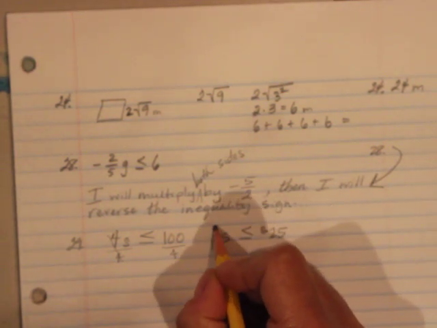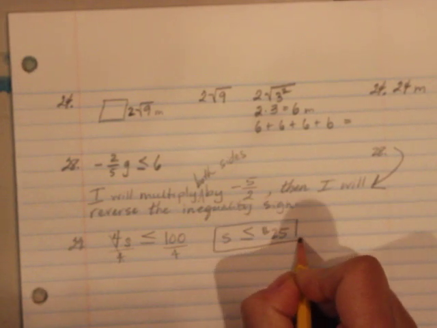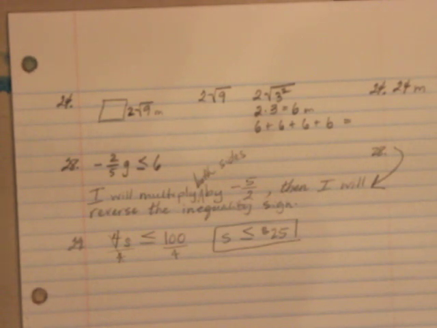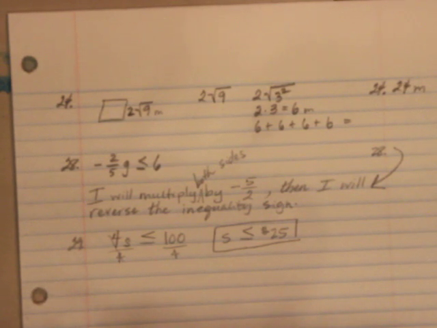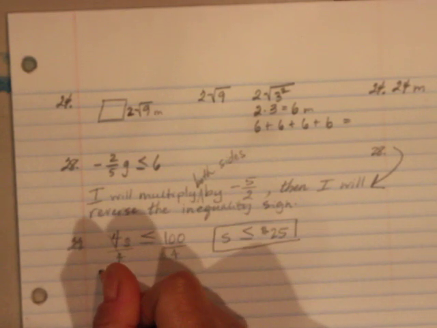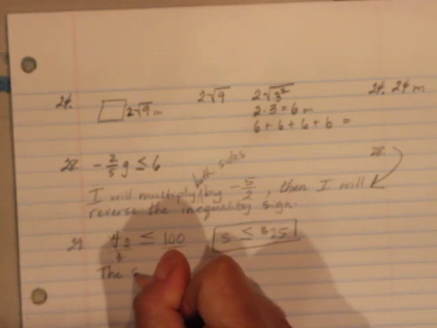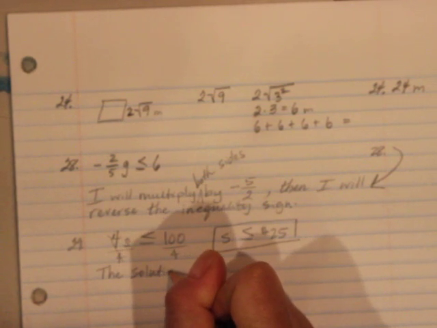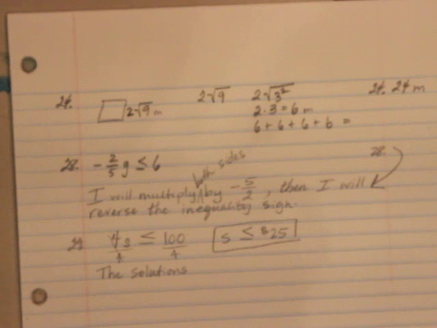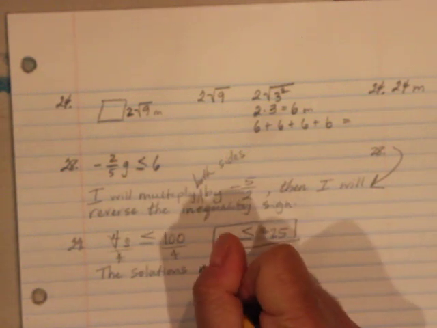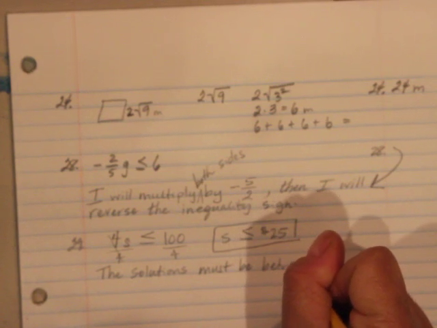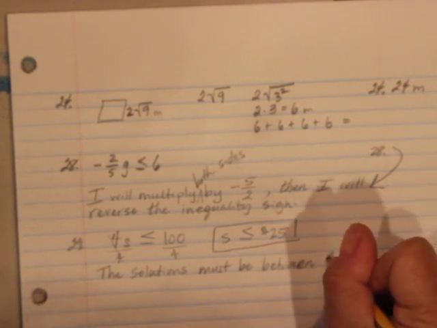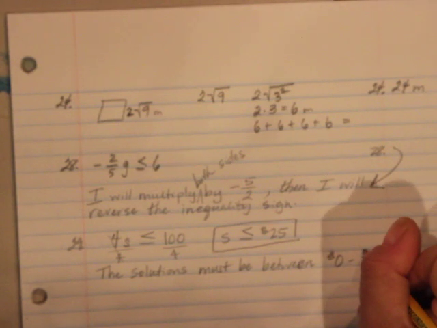So that's the first part of my answer. Okay, I'm going to put a box around that. The second part is kind of weird, honestly, the way they're asking it, but what restrictions exist on it? We're going to answer this because of what we know about money. So we know that the solutions, or the price for each gift, must be between $0 and $25.